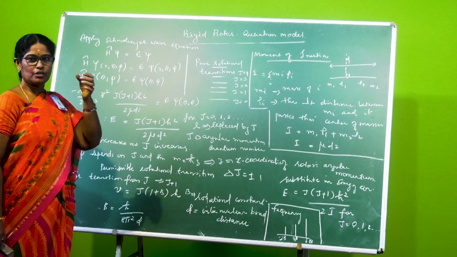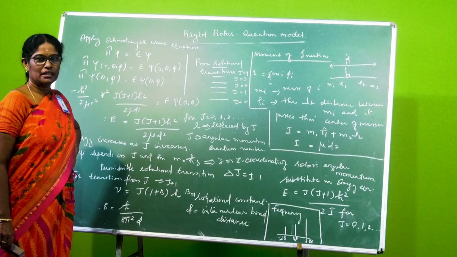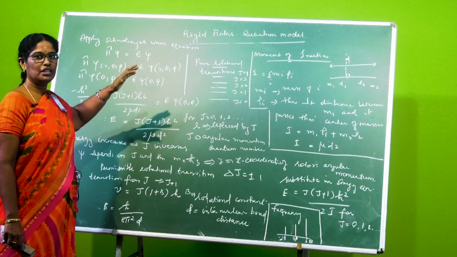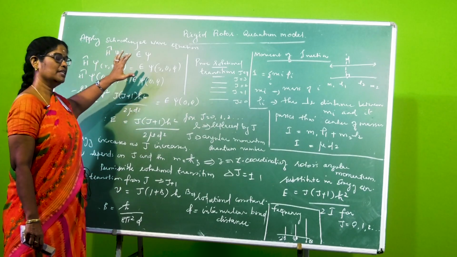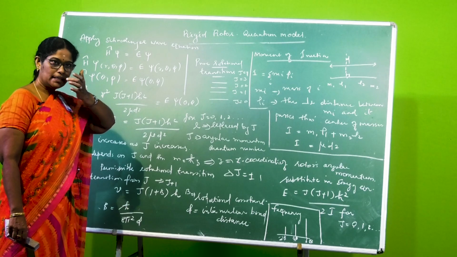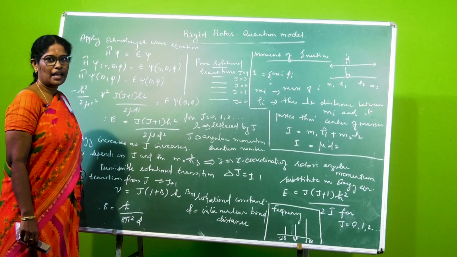This is done to eliminate the translational motion associated with the particle, so we take into account the energy associated only with the rotational motion. That is why the r coordinates are eliminated from the Hamiltonian, and we have a reduced form of the Hamiltonian.